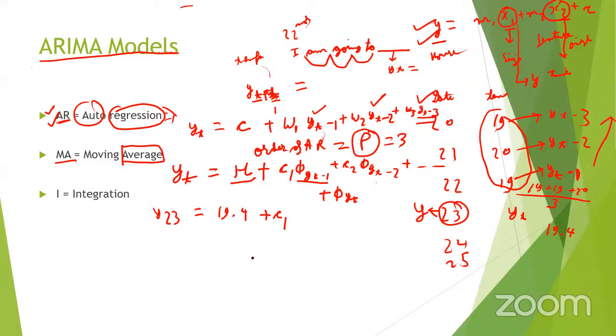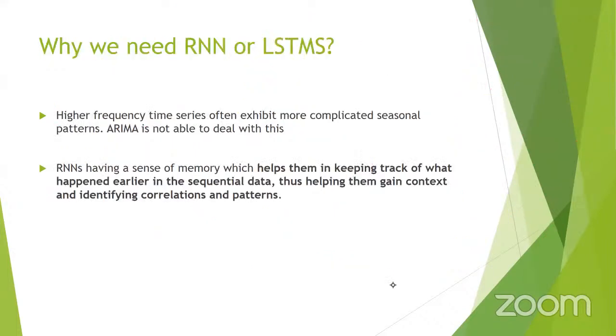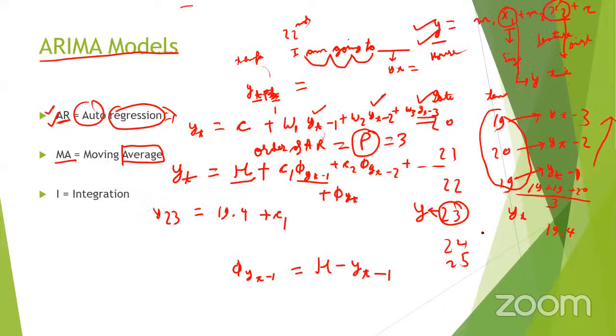This phi yt minus 1 is nothing but the difference of your mean with the previous date's data. So in this particular case, my mean is 19.4 and my yt minus 1, which is this 22nd December, is 19.